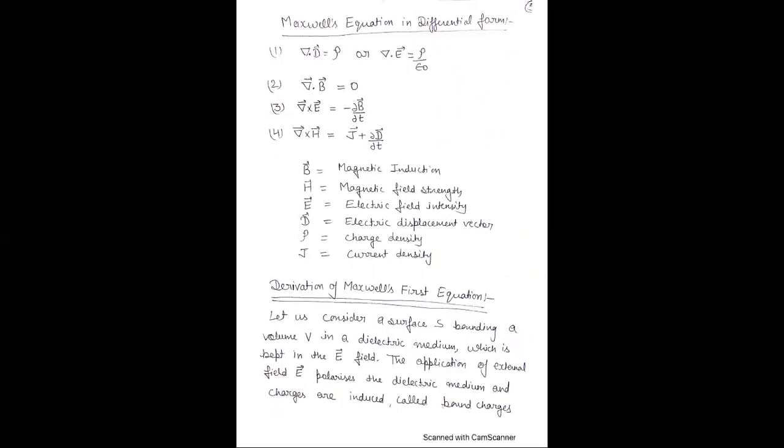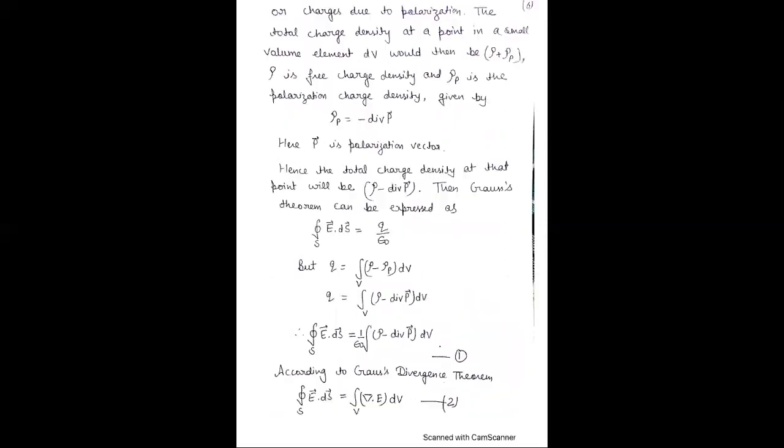If we apply an external electric field on the dielectric medium, then this electric field polarizes the dielectric medium, generating positive and negative induced charges inside it. These are known as induced charges or bound charges, the charges due to polarization by the external electric field.